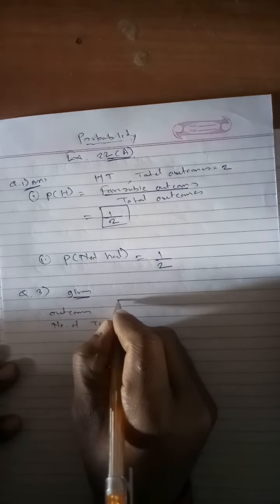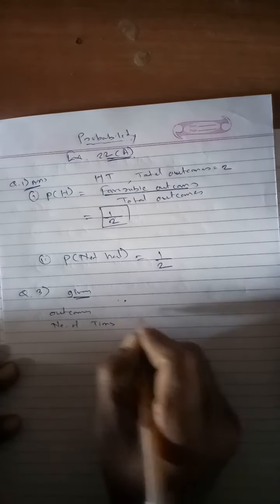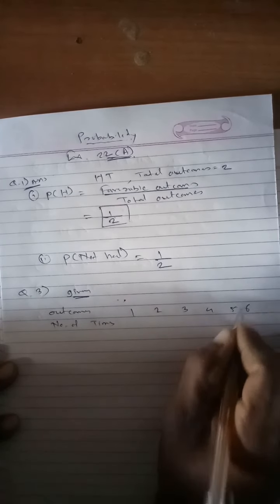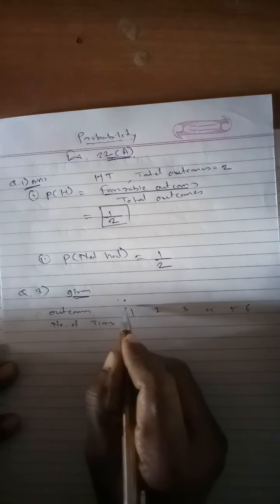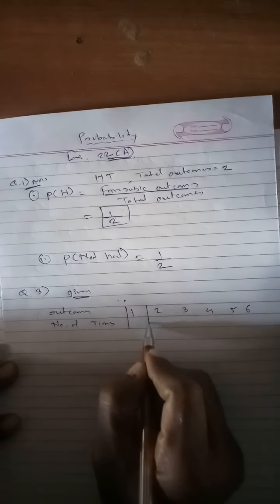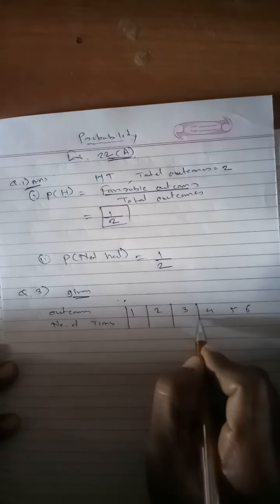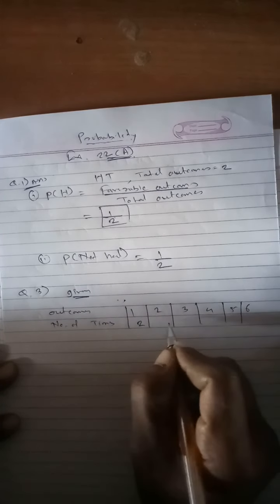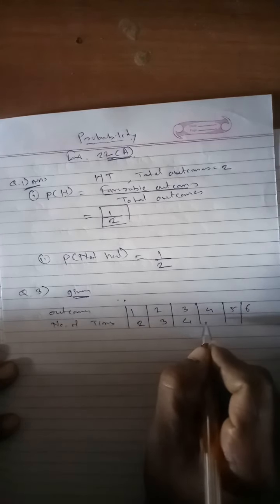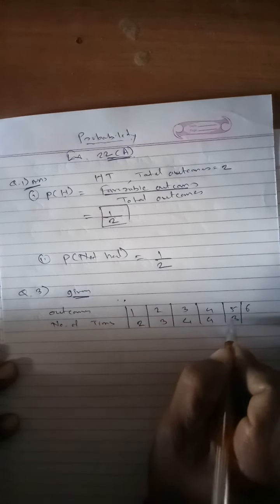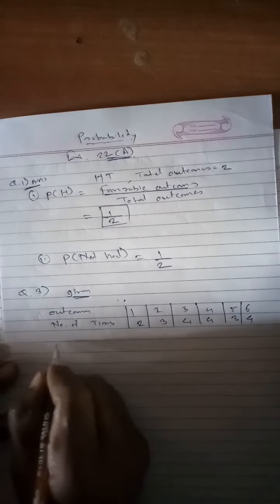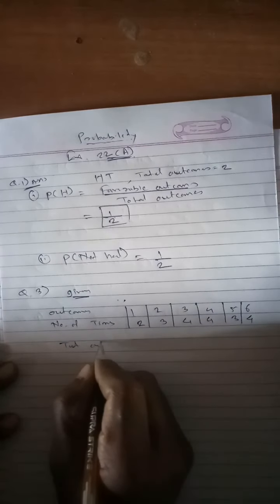So the outcomes are 1, 2, 3, 4, 5 and 6. How many times did 1 come, 2 come, 3 come? It is given in the question: 2, 3, 4, 3 and 4. So total outcomes are 20.